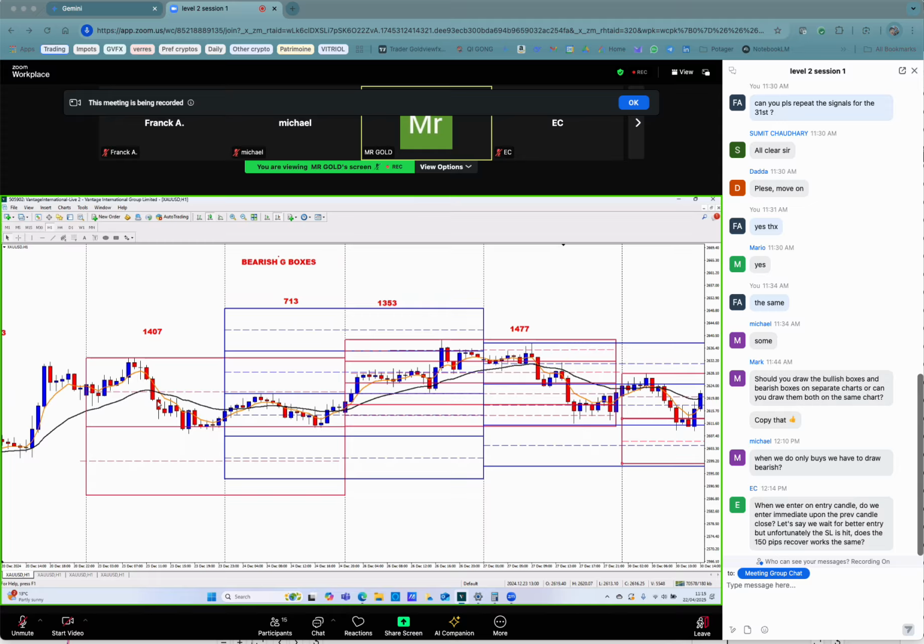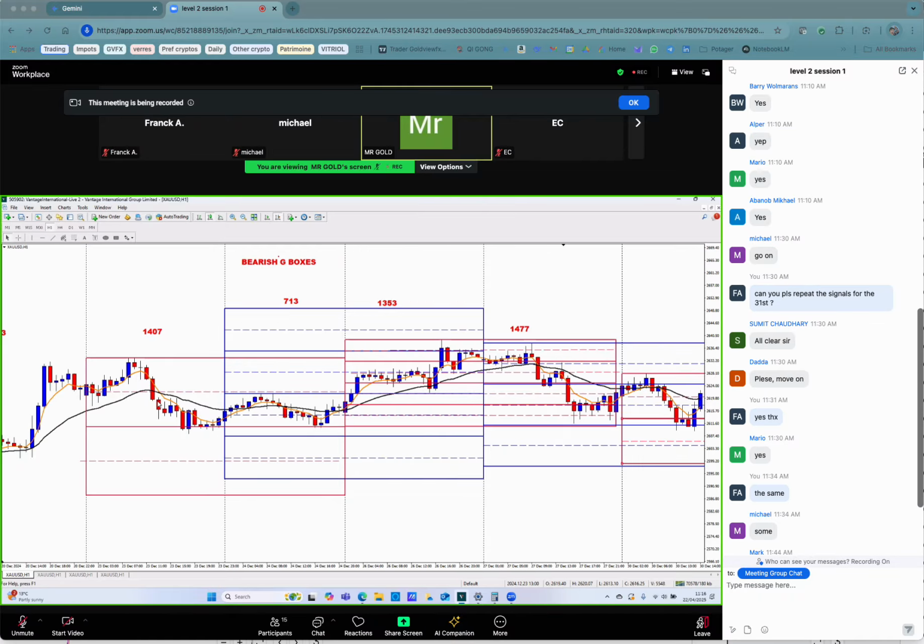That does not mean your 150 pip SL calibration is from where you enter. Absolutely not. The calibration is set up from the opening of the entry candle of the signal. Now, if you have a better entry, then your SL may be smaller, at 70, 80 pips, because you have to measure the 150 pip SL not from your entry, but from the signal activation opening candle. Make sense?